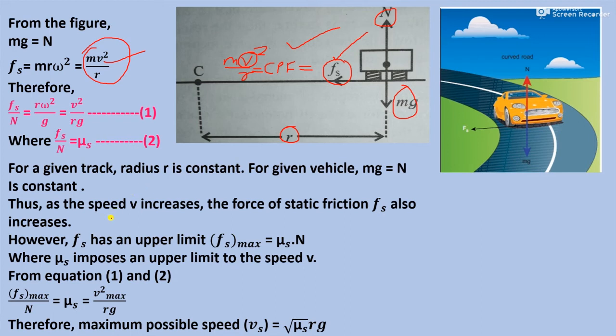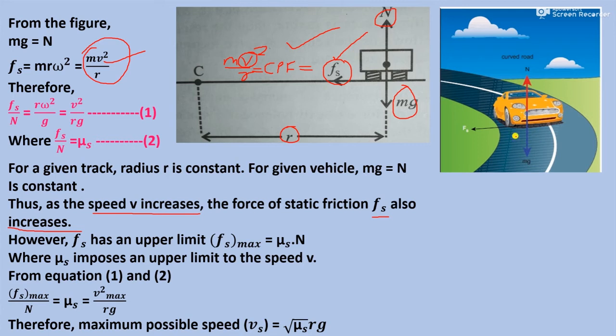So, as the speed v increases, the force of static friction also increases. What will happen depends upon the driver who is riding the vehicle, because the speed of the vehicle depends upon the driver. It is up to the driver whether he takes the turn at full speed or at a minimum speed.